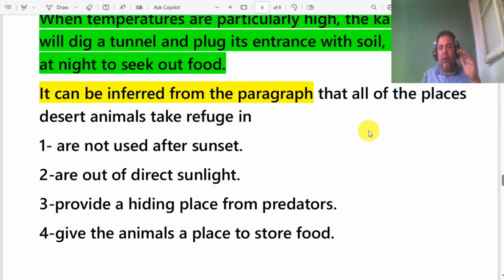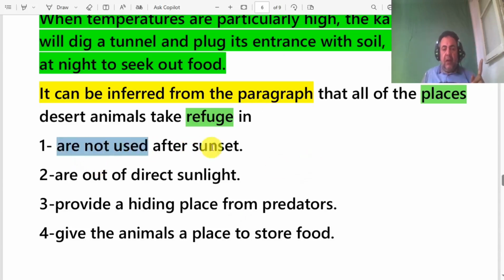Number 2, you have to focus on the keyword. The places, this is a keyword, okay? And refuge, as a shelter for them, to protect them from the sunlight. Desert animals also. Let's read the 4 choices and then move to the passage.